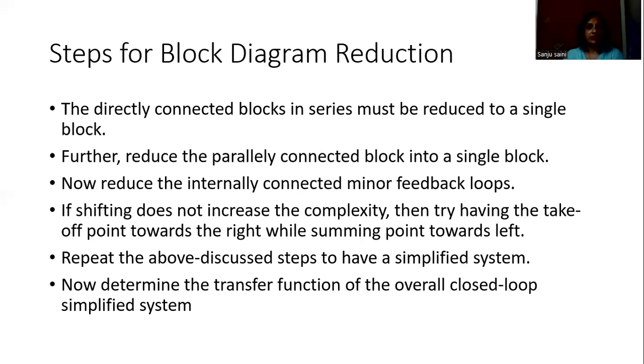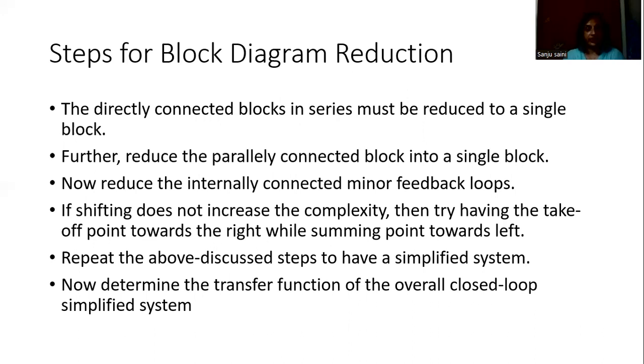Then in case we find some closed loops, those minor feedback loops can also be replaced by their overall transfer function of the form G(s) divided by 1 plus or minus G(s)H(s). Then we have a look at the overall block diagram, and if shifting the takeoff point or the summing point towards left or right helps in the reduction of the block diagram, then that process is done.